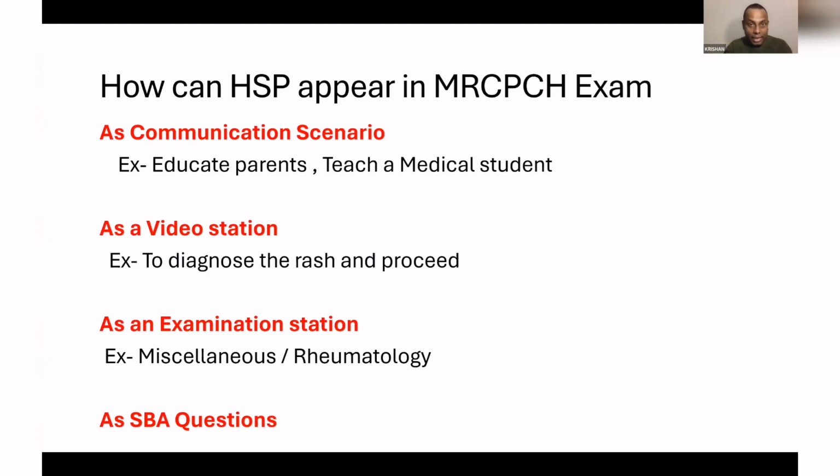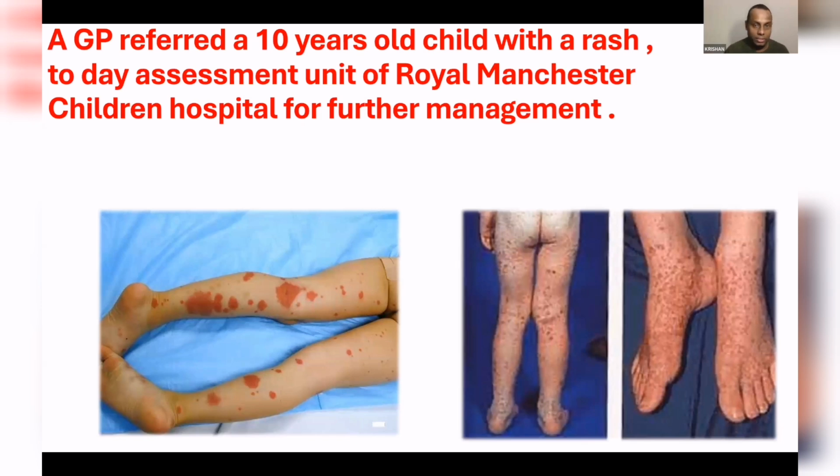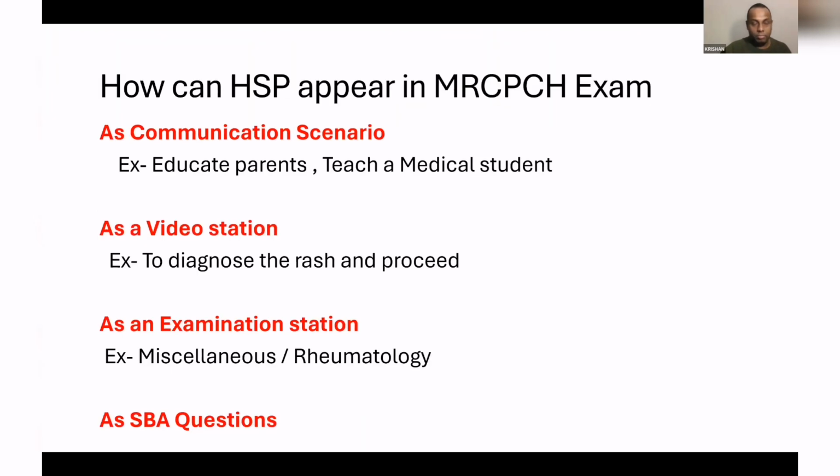The rash is erythematous and it's more on the lower limbs and buttocks. And you might also be given a picture just looking like this. And then the examiner might ask what the likely diagnosis is. So then it's pretty obvious. The diagnosis is Henoch-Schönlein purpura.